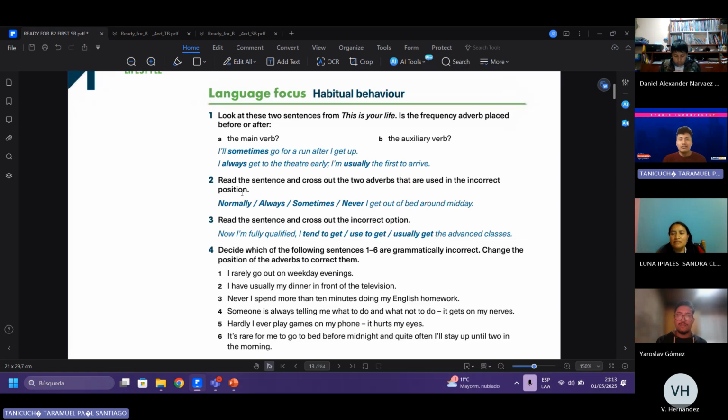So we're going to look at these two sentences, okay? Tell me, is the frequency adverb placed before or after the main verb or the auxiliary verb? Look at these two sentences. It says, I will sometimes go for a run after I get off. And I always get to the theater early, and I'm usually the first to arrive.